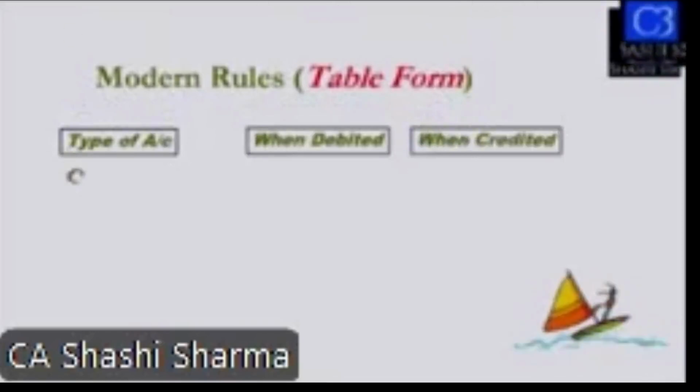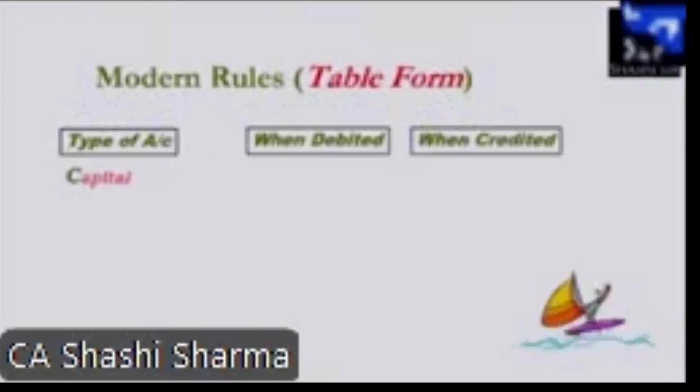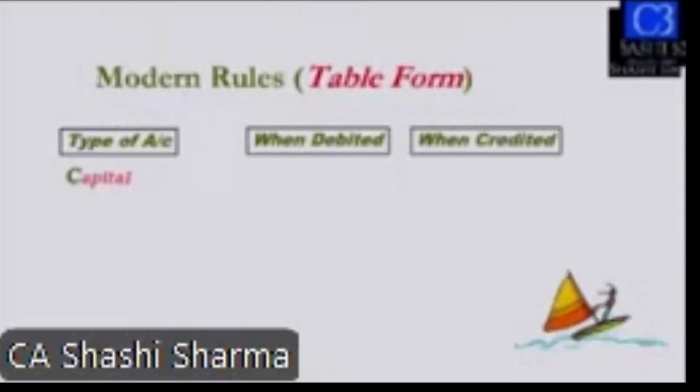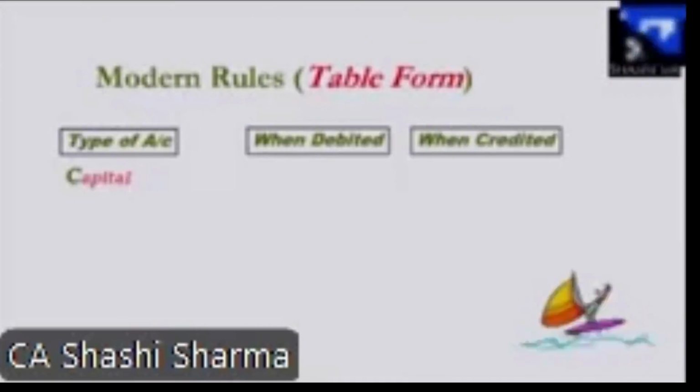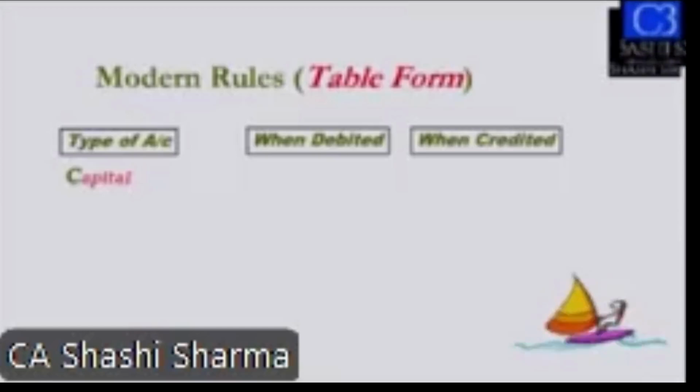And there are 5 categories according to modern rules. The accounts are classified into 5 different categories. Those categories, or types of account, are: first one is capital, which means related to the owner, or it can be an asset.